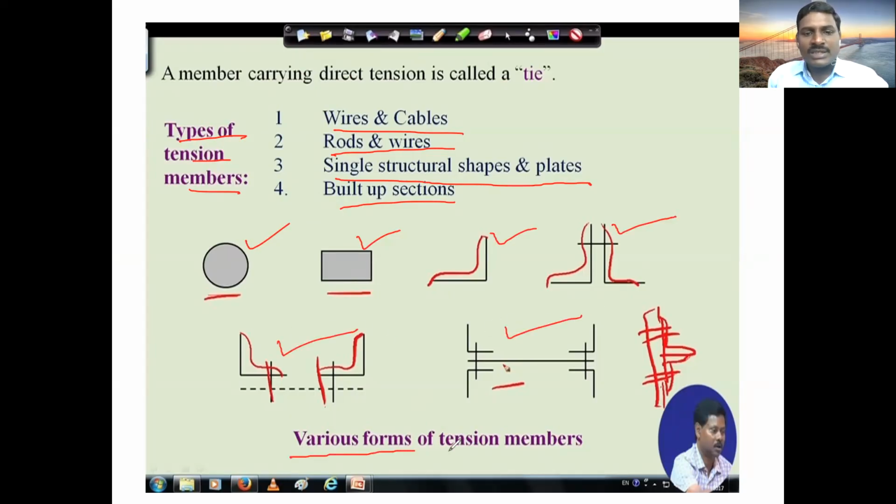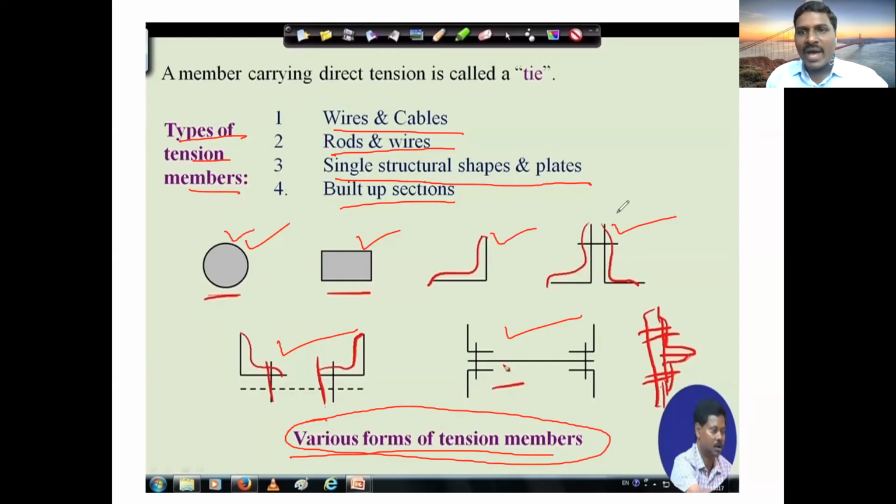So these are various forms of tension member. To carry the tensile force, we are providing such cross sections. So what are these cross sections? Rod, plates, single angle, double angle.